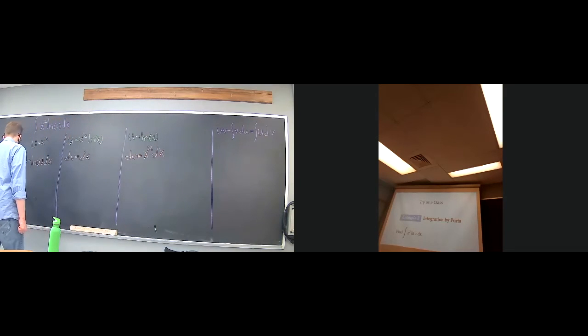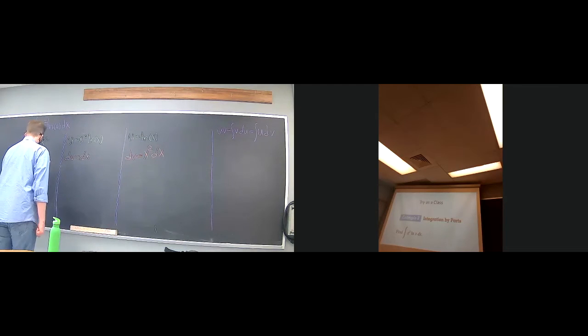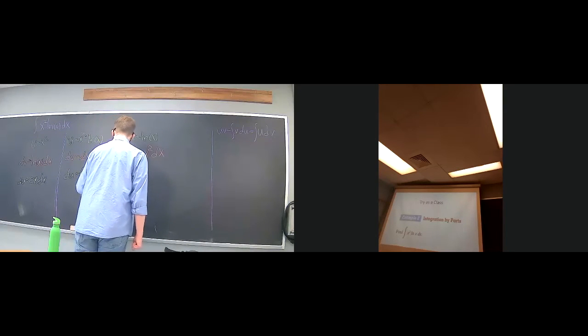Going back over, du, well, that's going to come out to be 2x dx. Over here, du is going to be x plus 2x ln of x dx. And then here, du is going to be 1 over x dx.